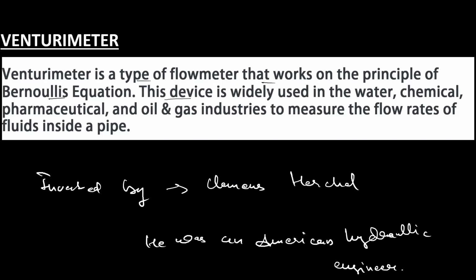This device is widely used in the water, chemical, pharmaceutical, and oil and gas industries to measure the flow rates of fluids inside a pipe. Its main use is to measure the flow of water.